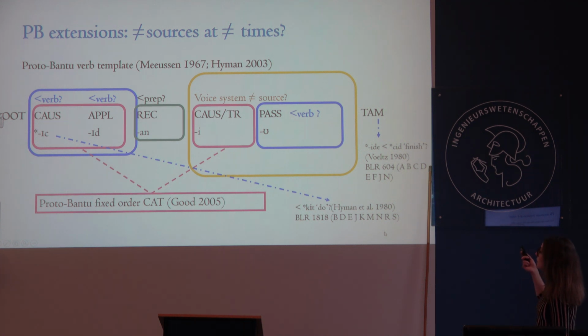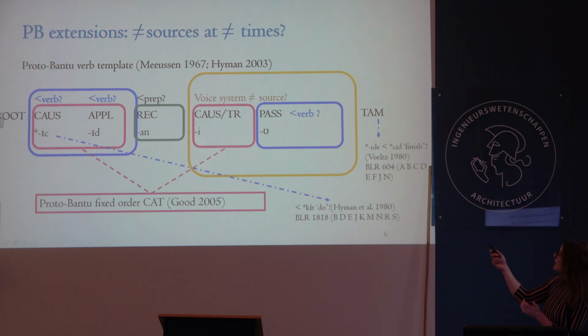Roseanne is going to talk soon about a possible verbal source for the passive suffix. And then we have this thing in the middle, the reciprocal, which is in a green square because most people say that it comes from a preposition. So my question here is, obviously different sources at different times, but how does this all fit together?